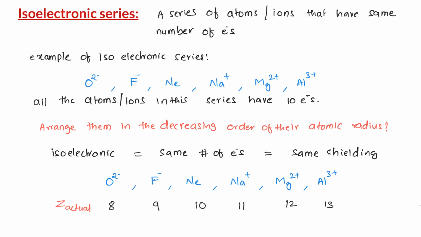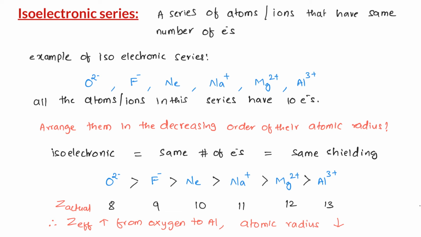Therefore, the greater the actual nuclear charge, the greater is the effective nuclear charge and the smaller is the atomic or ionic size. If we arrange these ions or atoms in the decreasing order of atomic radius, we get O2- greater than F- greater than neon, followed by Na+, Mg2+, and Al3+.